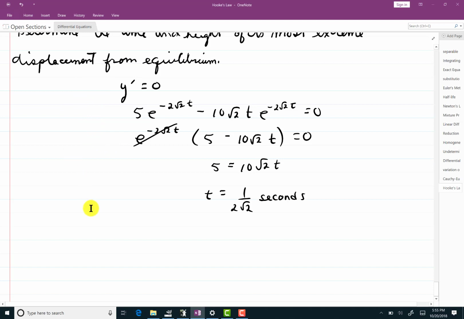So y of 1 over 2 radical 2 equals 5 times the t part, 1 over 2 radical 2, and then e to the negative 2 radical 2 times 1 over 2 radical 2. Of course, that'll just be e to the negative 1.